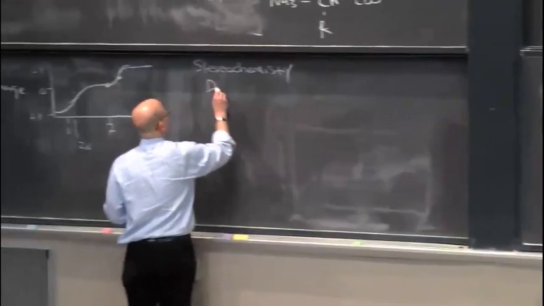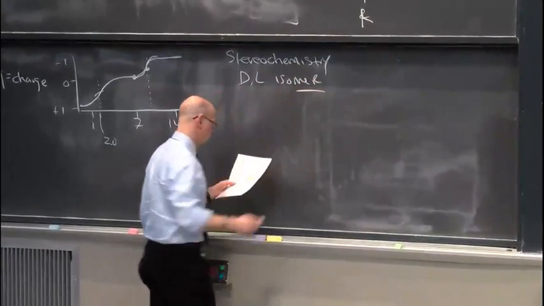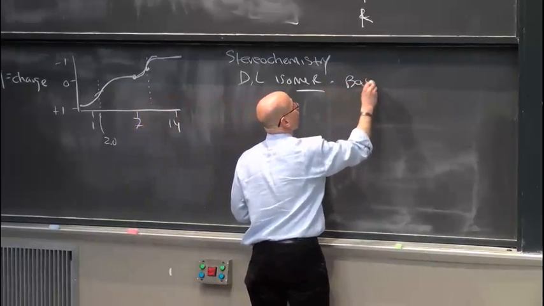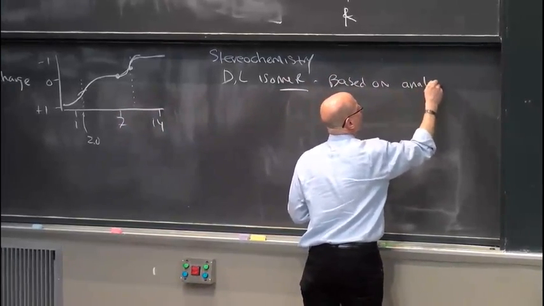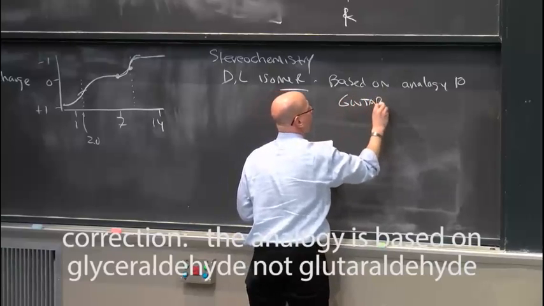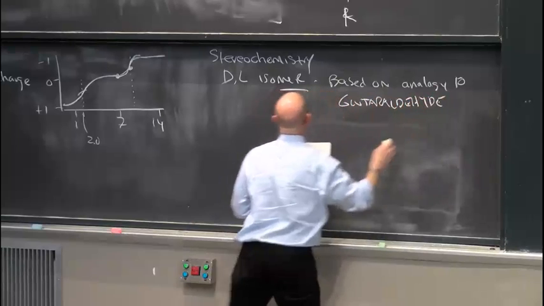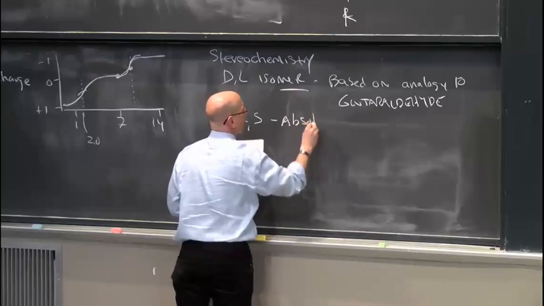We could have a D isomer or an L isomer, which is based on an analogy to glyceraldehyde. Or we could have R and S absolute configuration.